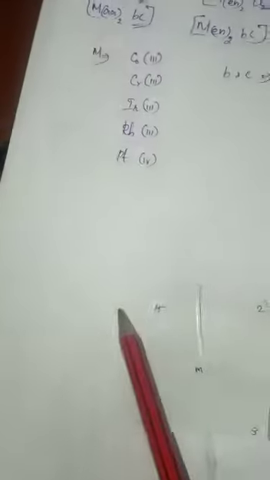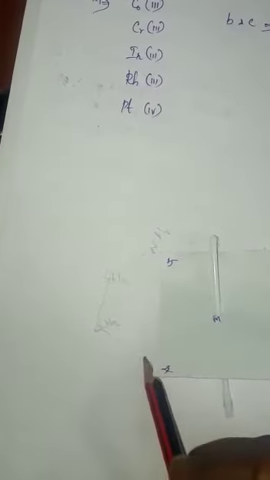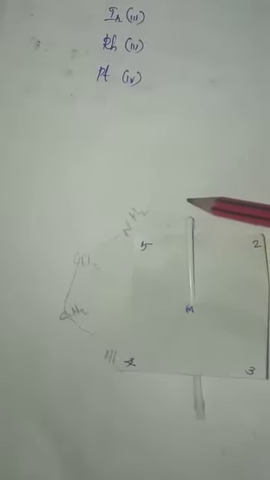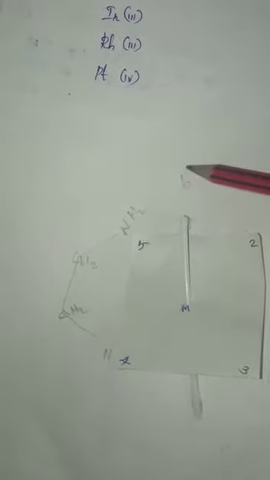Here in this case again the fifth position, NH2 CH2 NH2. So this one, number 1, will get B, which can be any unidentate ligand.